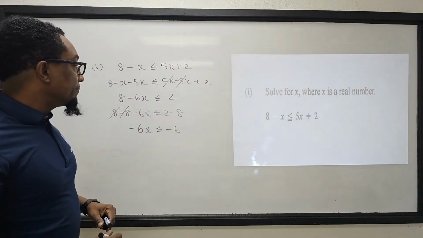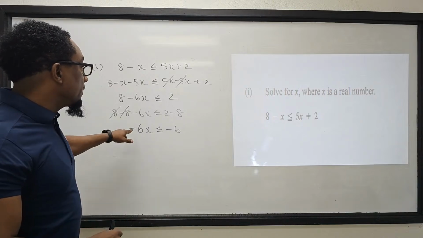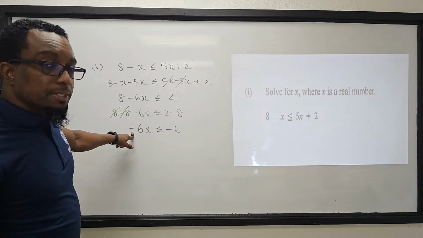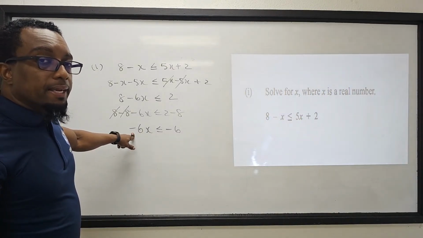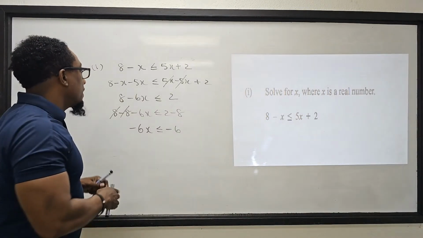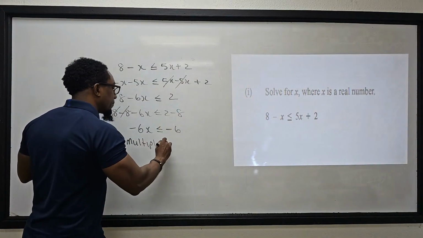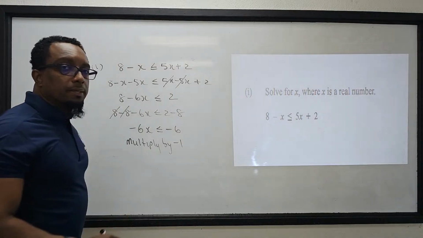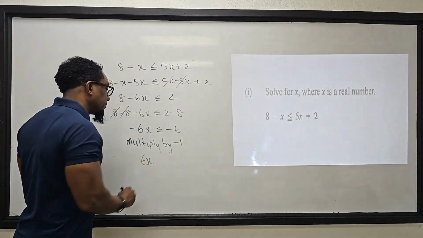But remember, we have to make sure x is positive. So what I want to do is to make this negative 6x positive 6x first. Yeah? And then I can make x the subject. So to make this positive 6x, I'm going to multiply by negative 1. So negative 6x by negative 1 will give me positive 6x.